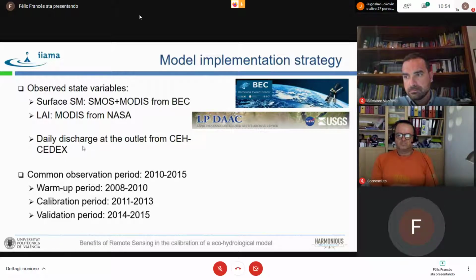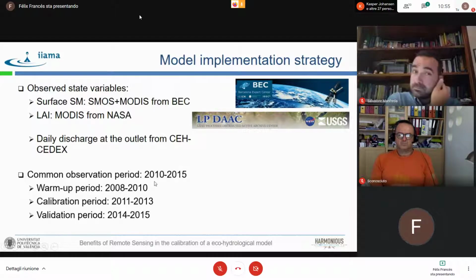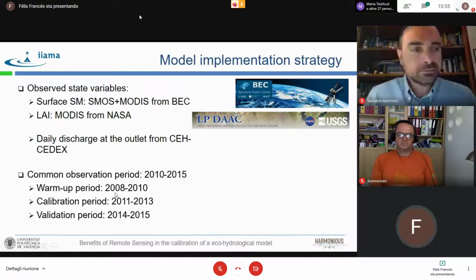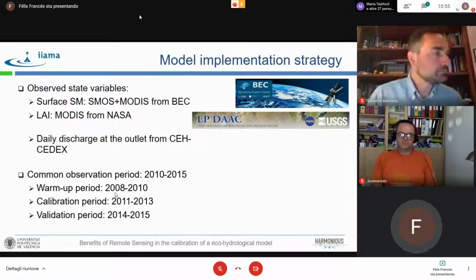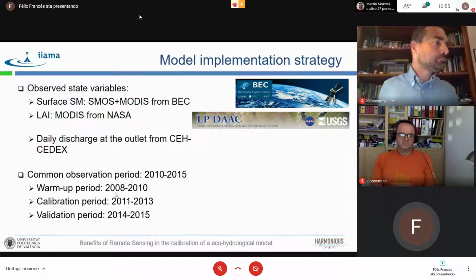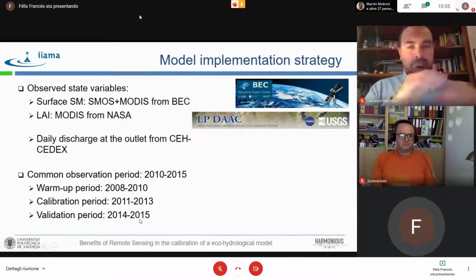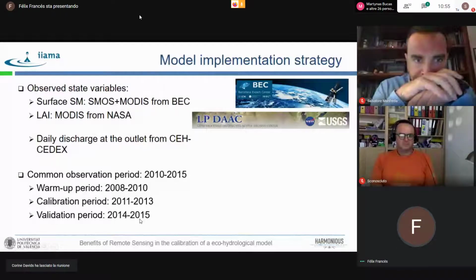We have a common observation period between 2010 and 2015. Then we use 3 years previous to this common period for one of the state variables to be sure that everything is not affected by the initial condition, and we use 3 years for calibration and 2 years for validation.